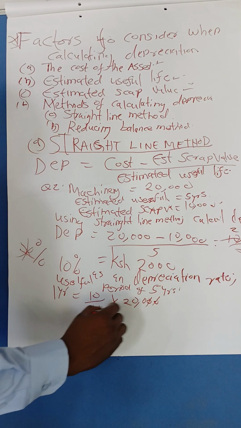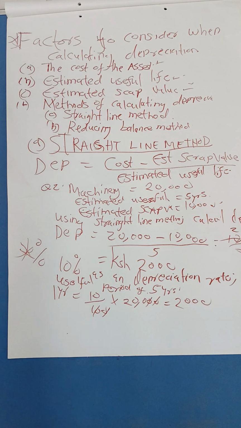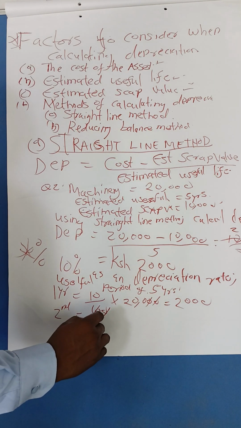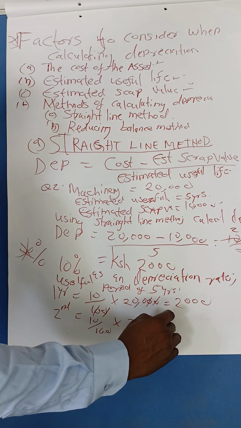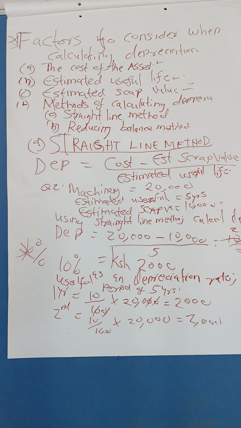The depreciation of that year was 2,000. The same for the second year, 10 over 100 multiplied by 20,000. Depreciation of the second year was also 2,000. So you'll do that until 5 years elapse. That rate will apply every year, and that is how we do it under the straight line method.